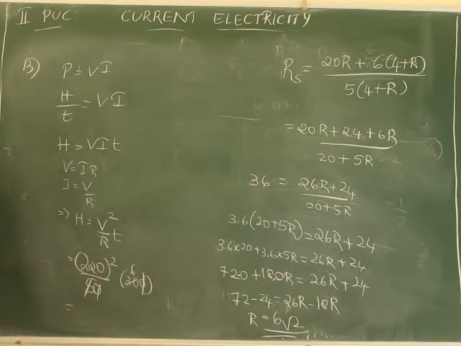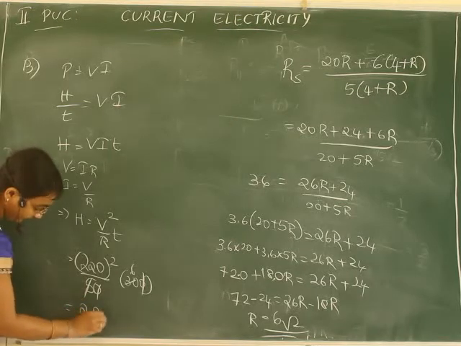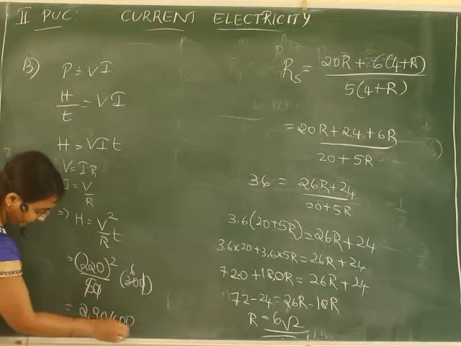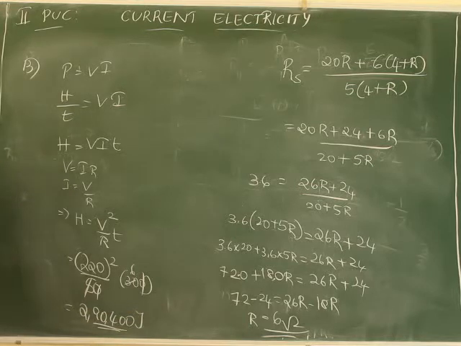What is the answer? 2,90,400 joules of heat. Correct?